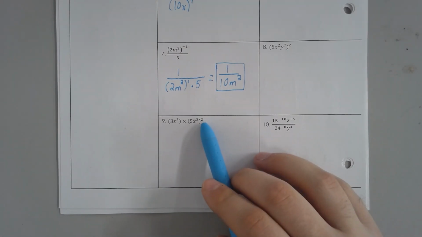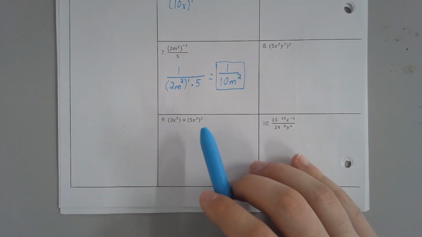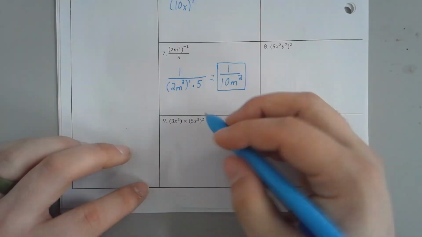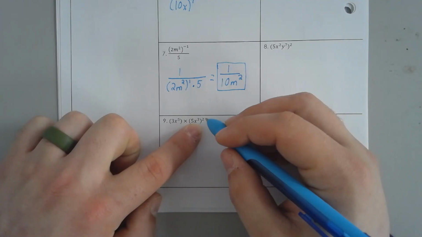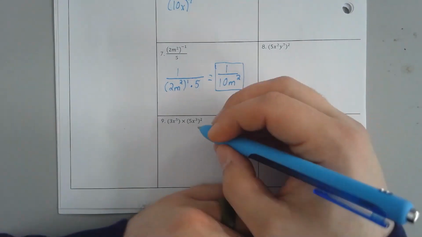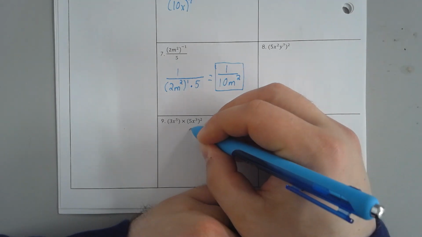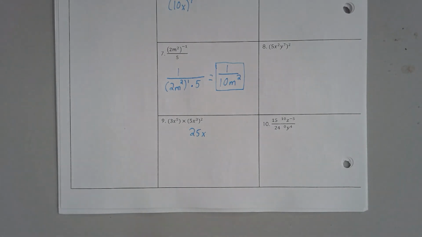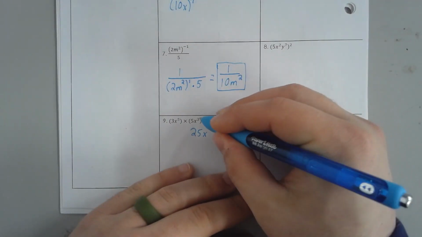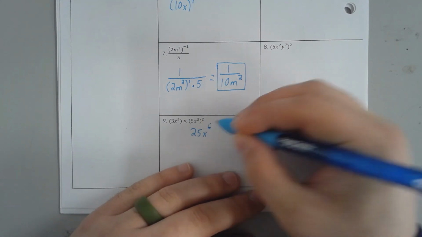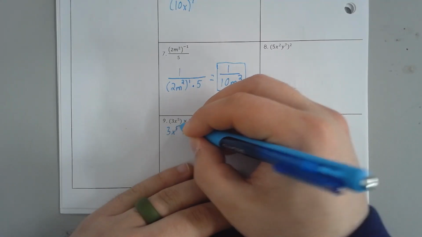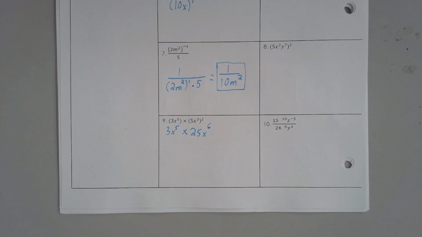So this square on the outside of the parentheses, that's what we're going to do first before we multiply them. So that's going to be the what? The power property. So we've got 5x cubed, and that's all squared. So what's 5 squared? 25. And when we've got a power raised to another power, what do we do with our exponents? Multiply them. So 3 times 2 gives us 6. Now we're ready to multiply with our 3x to the 5th in front.